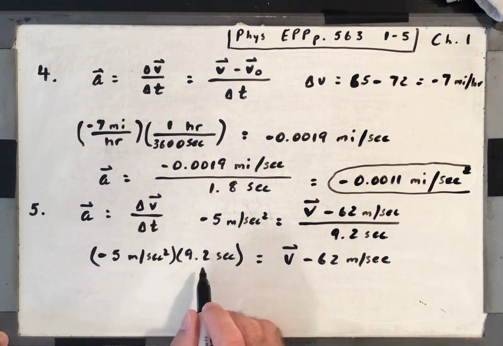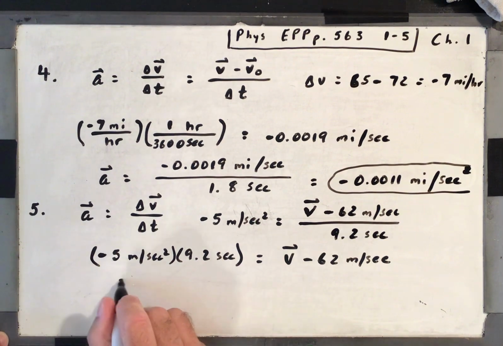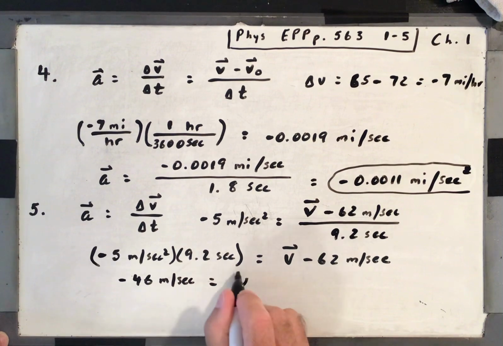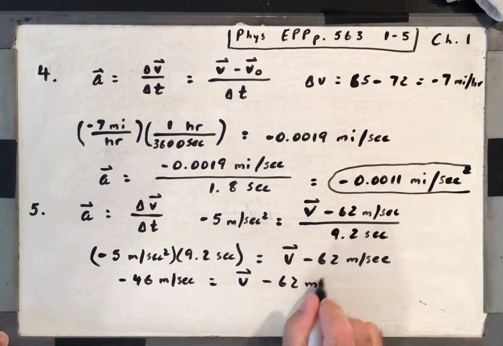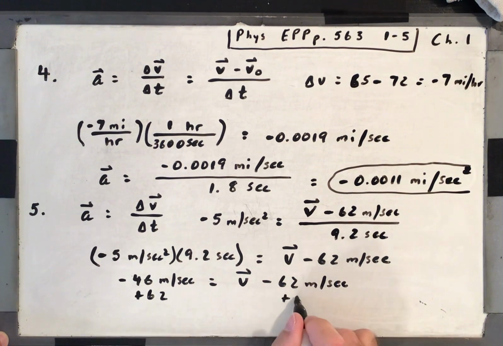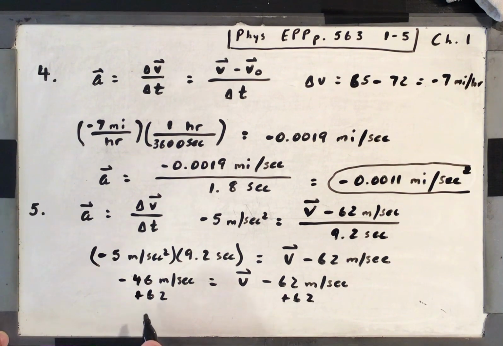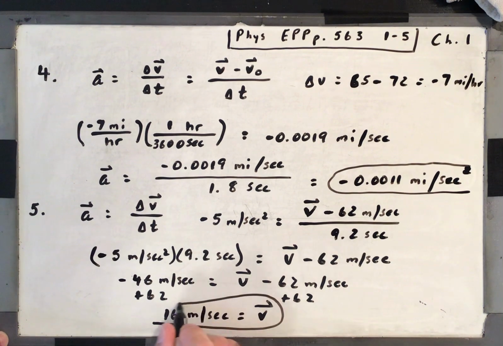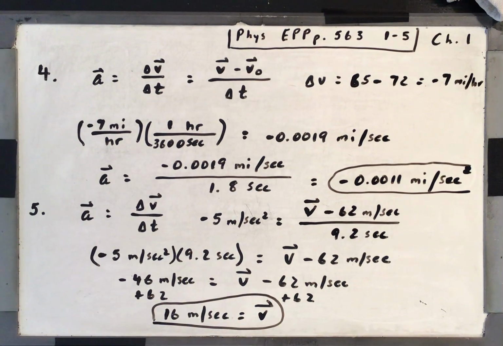Okay, negative 5 times 9.2 is negative 46 is equal to the final velocity minus 62. So we're going to add 62 to both sides. And we're going to have 16 meters per second is equal to our final velocity. So it didn't slow to a stop. It slowed down to 16 meters a second.